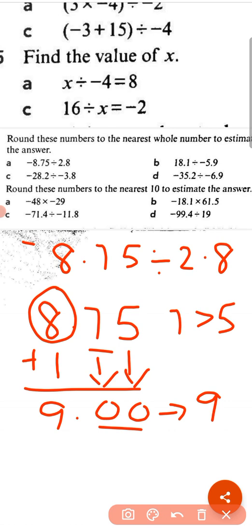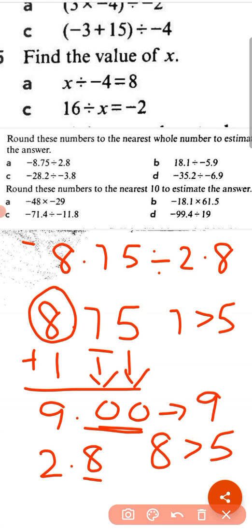So our new number is 9.00 which is equal to 9. Because here after the decimal there are only zeros, those zeros are valueless. Now let us change 2.8 also. Same method, children. Check the 10th place, which is greater than 5.